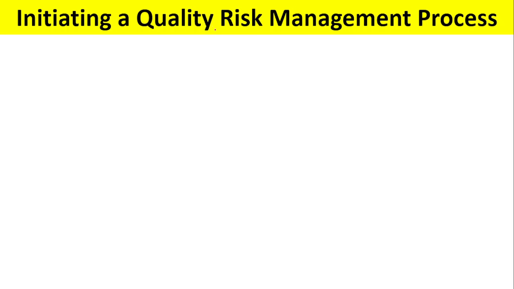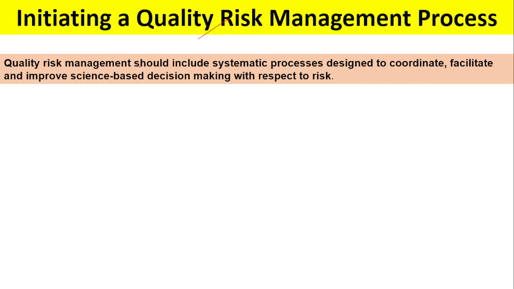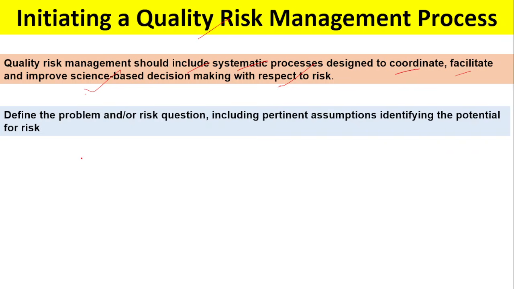So, initiating a quality risk management process. Quality risk management should include systematic processes designed to coordinate, facilitate, and improve science-based decision making with respect to risk. The first step is to define the problem or the risk question, including pertinent assumptions, identifying the potential for risk.